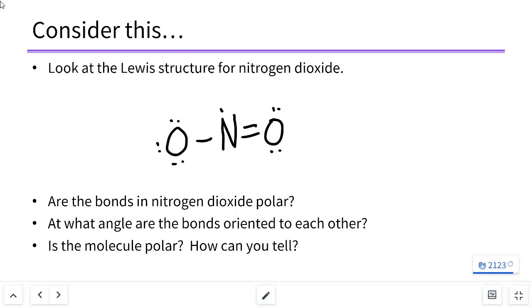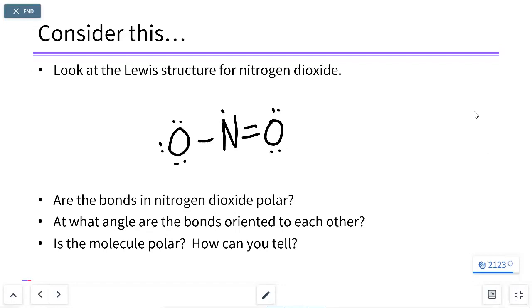Can we answer some of these other questions though? Based on this drawing, can I determine what the bond angle is? Now we'll talk about bond angle in a minute here, but if I was trying to measure the distance in degrees from oxygen to oxygen through that nitrogen, would I be able to do so accurately?